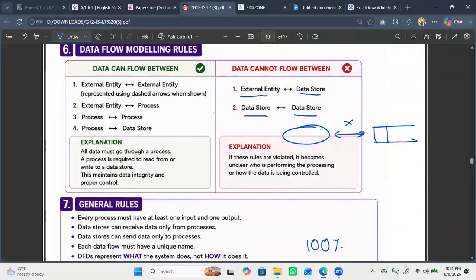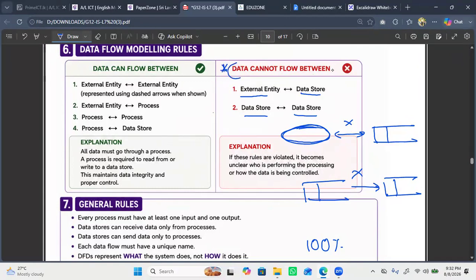This is totally not possible. This one then is also wrong. You cannot flow data between two databases directly without a process. You cannot move data between an external entity and a data store. Also, you cannot move data between two data stores. Is this concept clear?